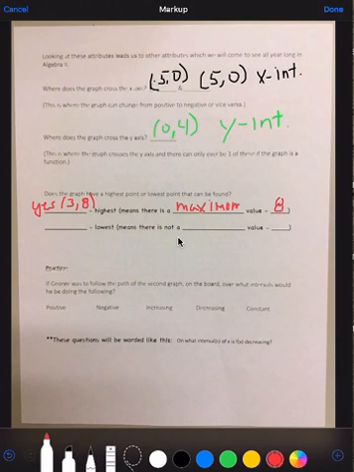And is there a lowest value? So before you say yes, think about this. If something is going all the way down to negative infinity, you can never get to negative infinity. So if your graph goes to negative infinity, you would say there is no lowest value because it just keeps getting smaller and smaller forever.